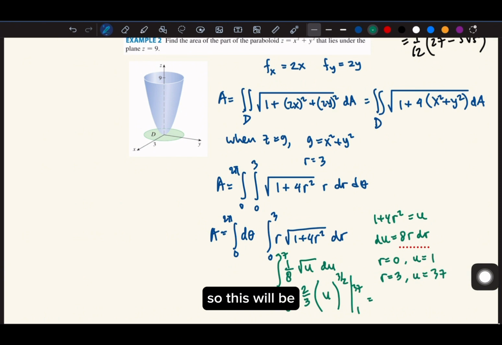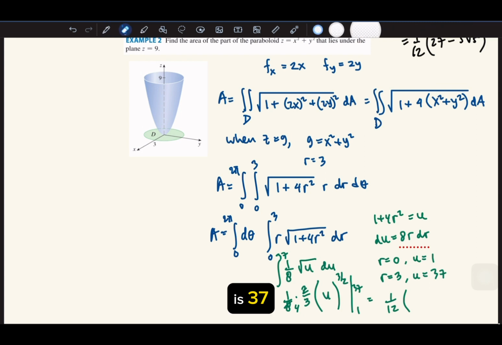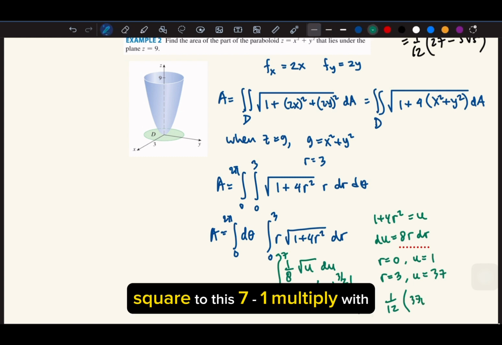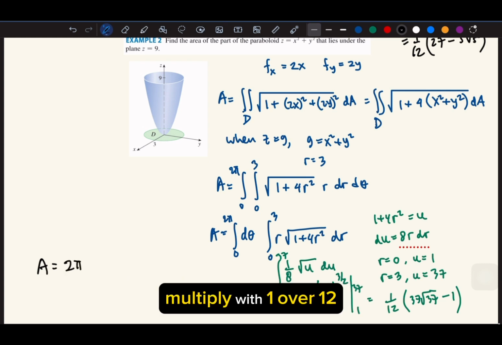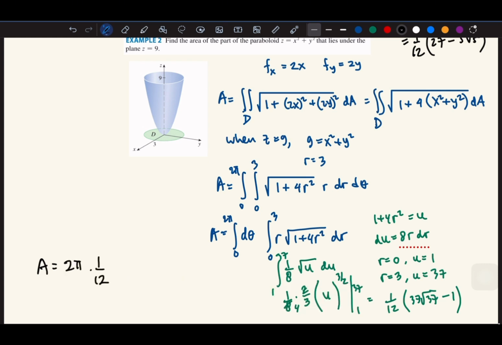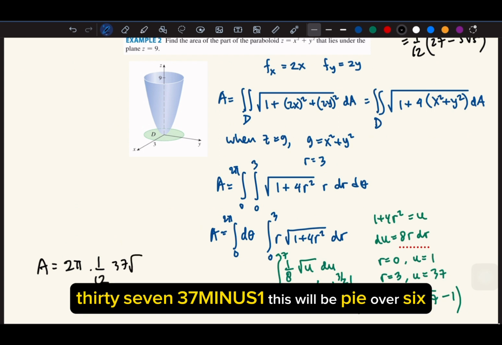So this will be 1 over 12 times 37 square root 37 minus 1. Okay, multiply with, so let me complete the answer. 2 pi multiply with 1 over 12, times 37 square root 37 minus 1.